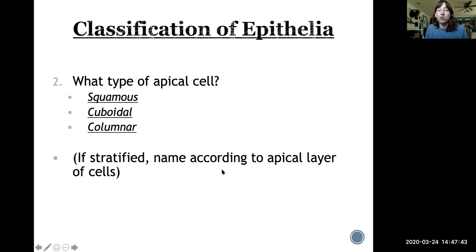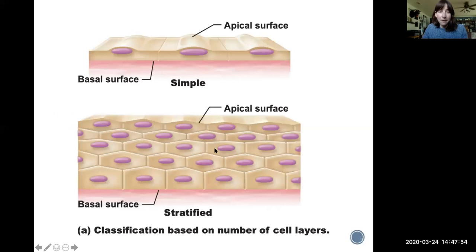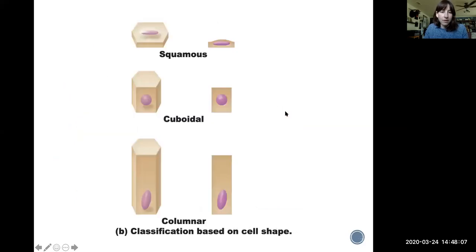If we're talking about stratified or multi-layered epithelial tissue, as per that first question, then you name it according to the apical layer of cells. So if we're talking about stratified, we call it according to what the cells at the apical surface look like. Here's what a squamous cell looks like in cartoon form. It's like a little flat pancake cell.